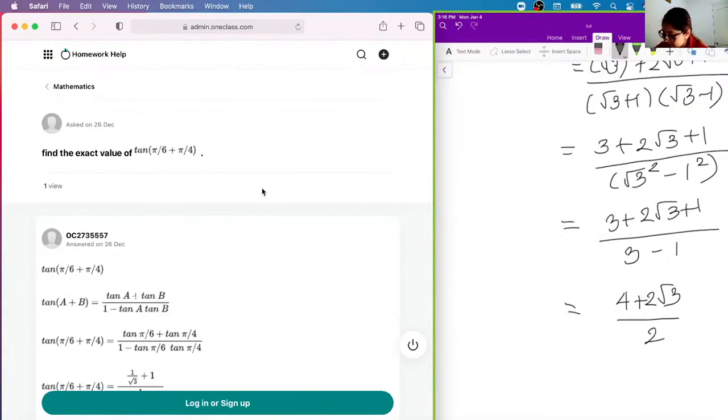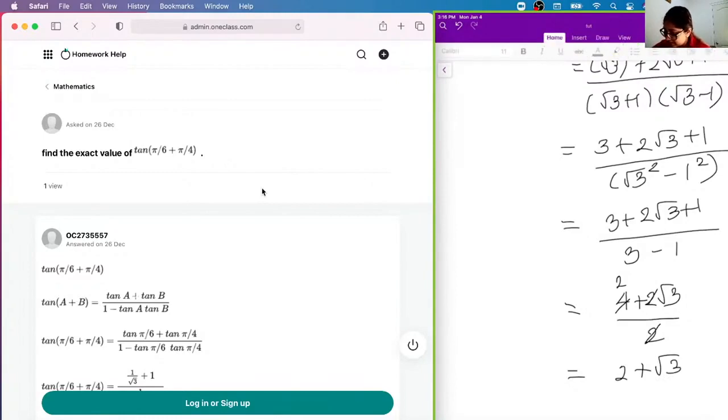We can further simplify this by dividing the top and bottom by 2, so you have 2 plus root 3.